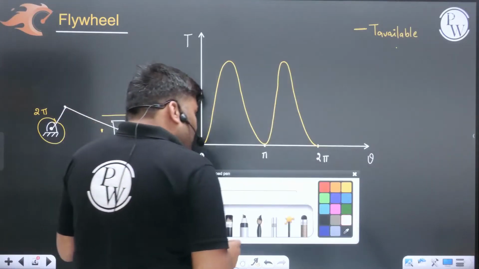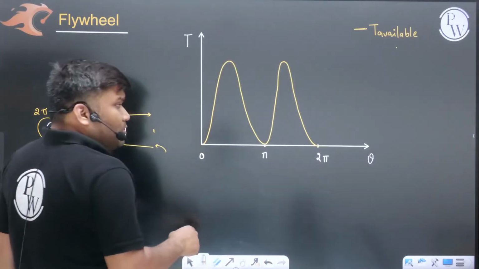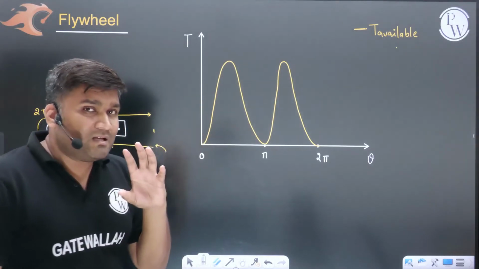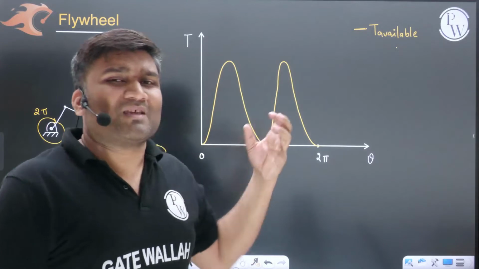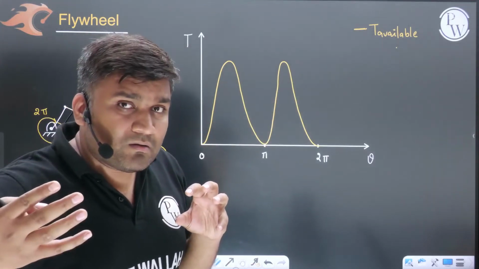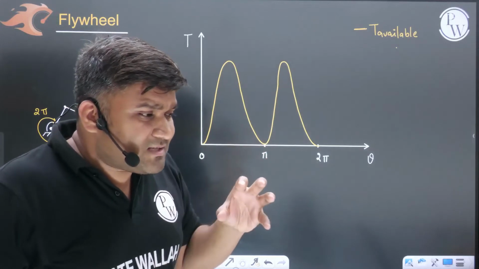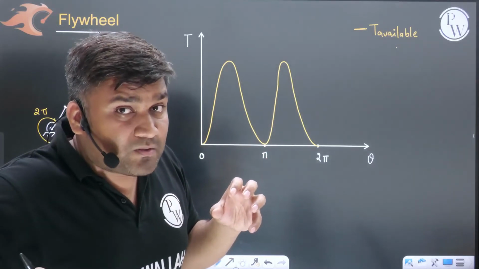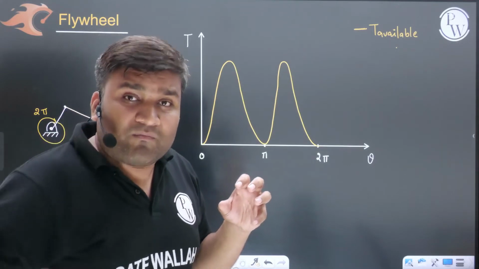Now, suppose, look, most of the time engines are connected against a certain load. The engine is not running for itself. It is running so that it can be connected against a certain load. In villages, an engine runs so that it can be connected to a centrifugal pump, so that water can be lifted from the well.